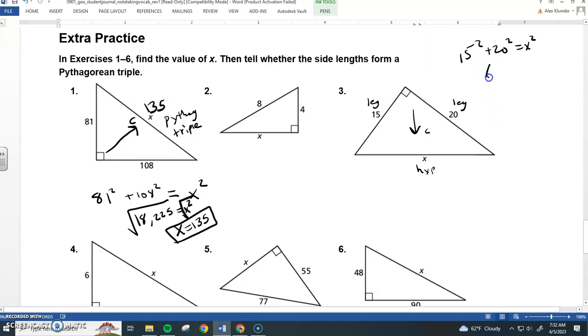I actually get 625. And when I square root that, once again, I get a positive number, which is awesome. And not just positive, really, I got a whole number. So therefore, I know I've got another Pythag triple.